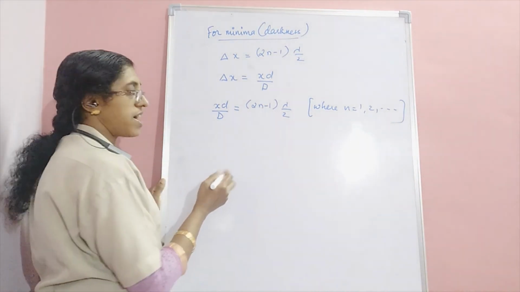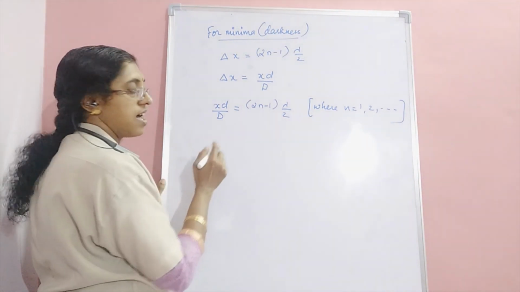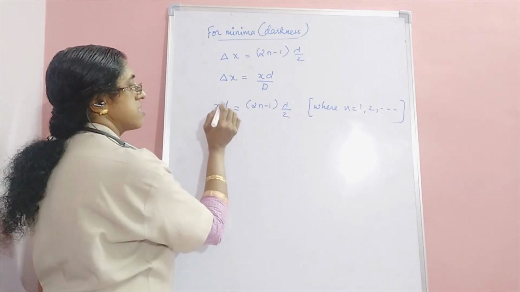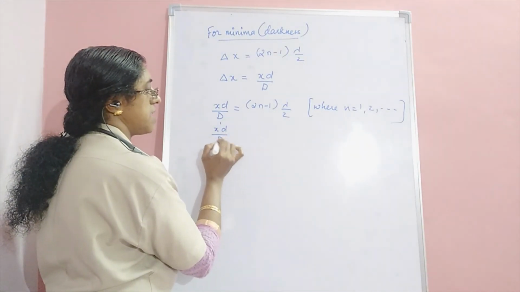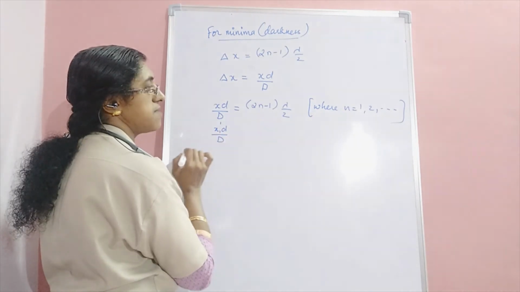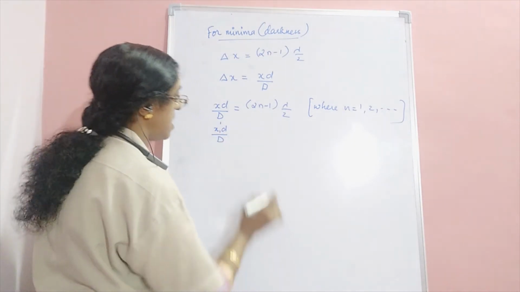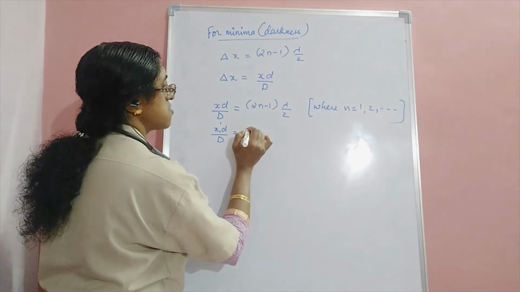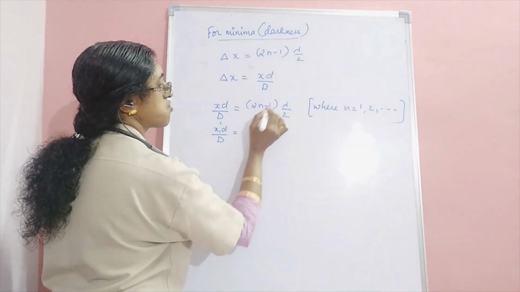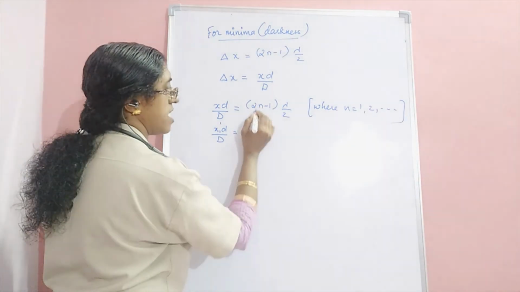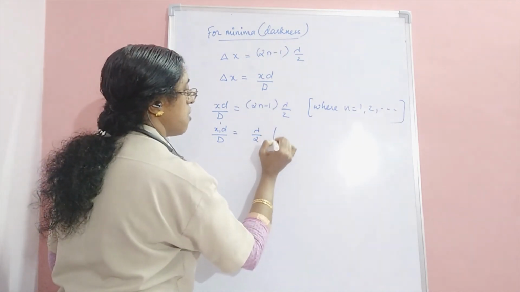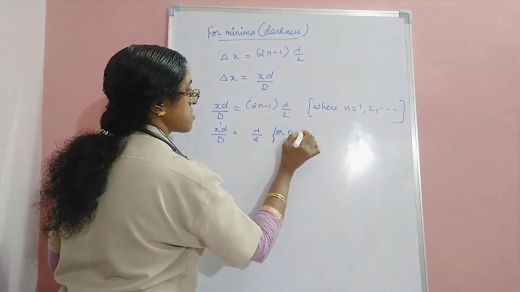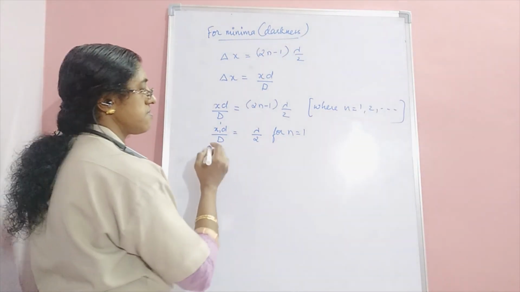When I substitute the value, I'll take it as x dash, that is x dash d by capital D. x1 dash I am putting for n equal to 1, so it would be lambda by 2 for n equal to 1, right?